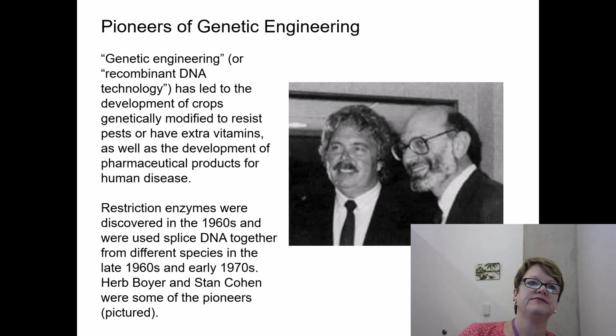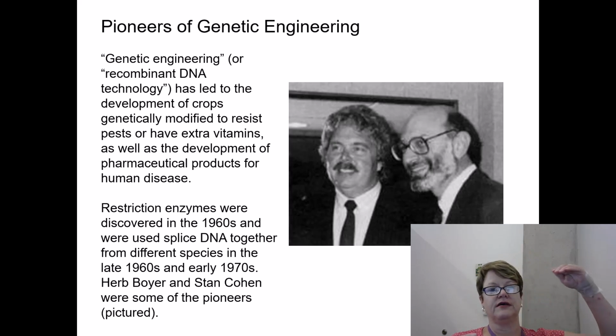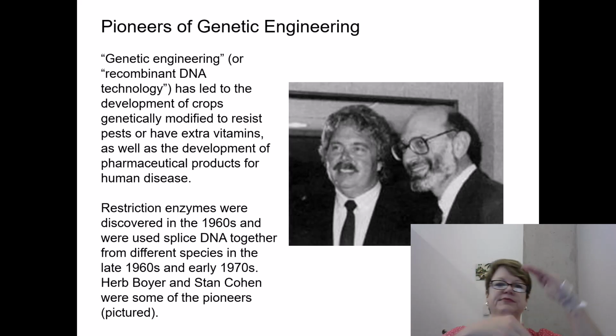This is a picture of Herb Boyer and Stan Cohen, and they were some of the first to discover the restriction enzymes, which naturally occur in bacteria. These are the enzymes that, when a virus, a phage, inserts its chromosome into a bacterial cell as part of its infection, cut up that phage DNA, and that serves as one of its defense mechanisms.